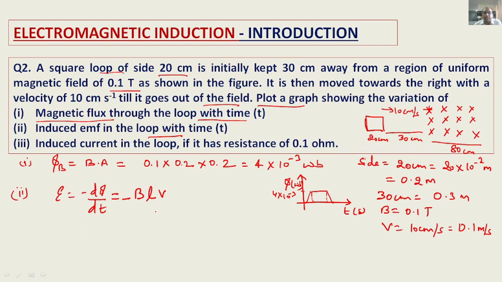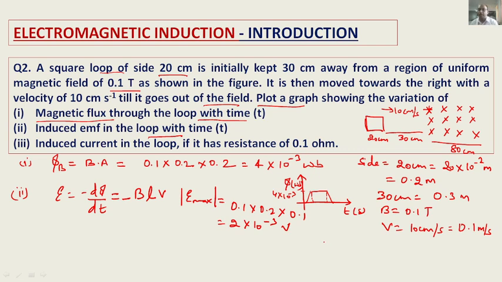So we can find the maximum EMF magnitude as 0.1 into L, 0.2, into V, 0.1. So it will be 2 into 10 power of minus 3 volt.